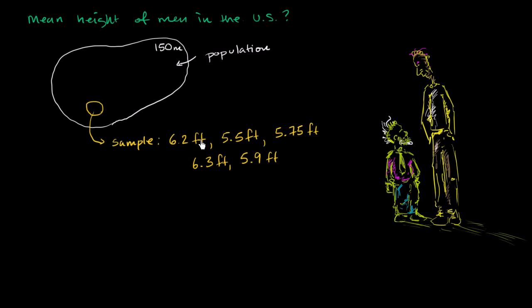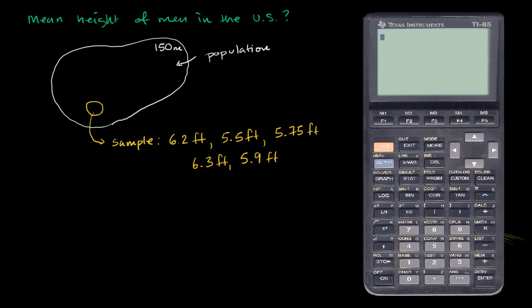Now, if these are the ones that you happen to sample, what would you get for the mean of this sample? Well, let's get our calculator out, and we get 6.2 plus 5.5 plus 5.75 plus 6.3 plus 5.9.